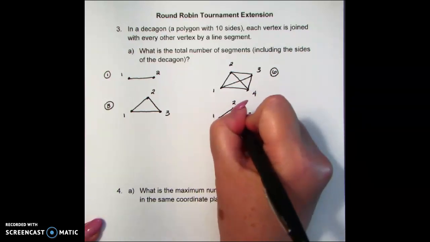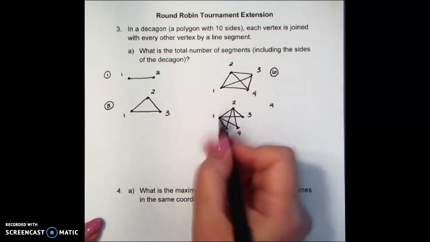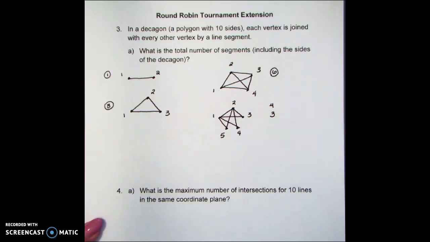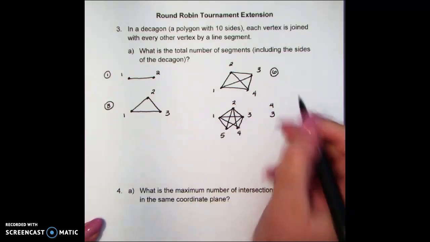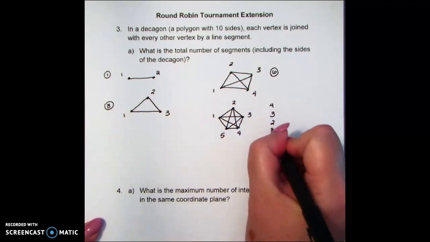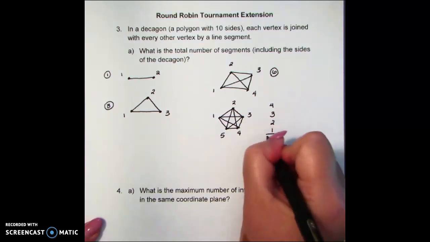Then 2 could connect to 3, 4, and 5, but not 1 because we already did that one. So that was 3 more lines. And then 3 could connect to 4 and to 5. So that's 2 more lines. And then 4 connect to 5, making it 1 more line for a total of, I believe, 10 altogether.